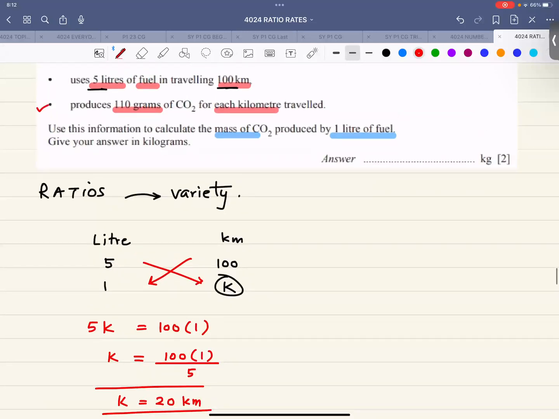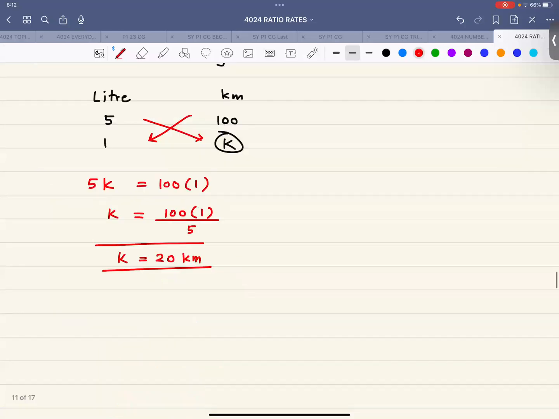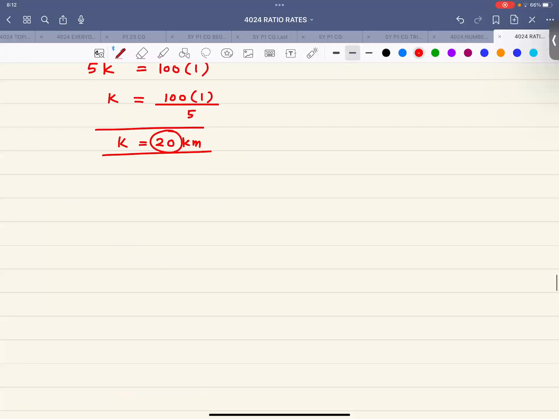Now, the second part. The amount of carbon dioxide produced is 110 grams for each kilometer traveled. So since we are traveling 20 kilometers, again, let me write carbon dioxide in grams, and we are talking about distance in kilometers.